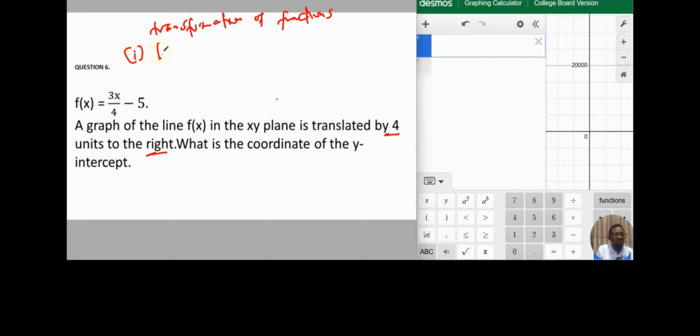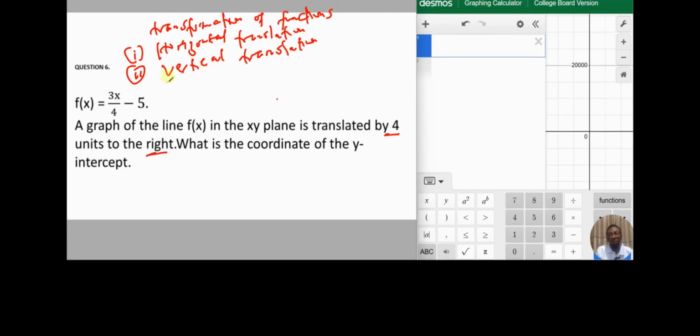We have horizontal transformation and vertical transformation, and we have horizontal translation and vertical translation. We have some other types, the stretch, the compress, and so on, but let me just focus on these two now.